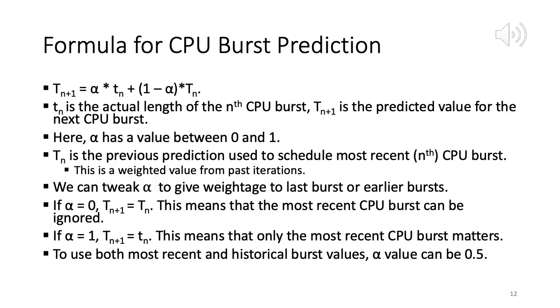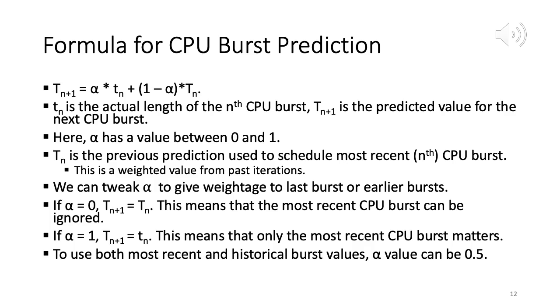Large T(n+1) is the predicted value for the next, which means the (n+1)th CPU burst.